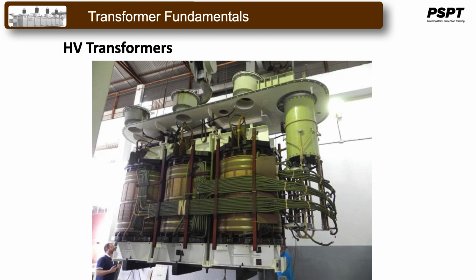Any extended operation of the transformer under abnormal conditions such as faults or overloads compromises the life of a transformer, which means adequate protection should be provided for quicker isolation of the transformer under such conditions.